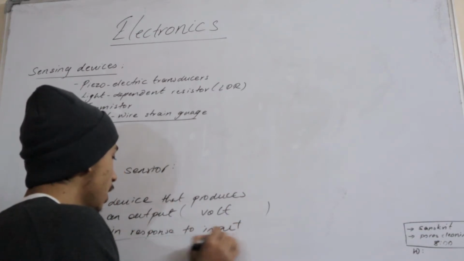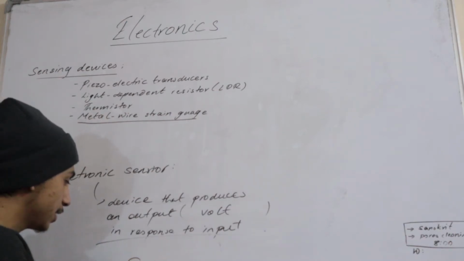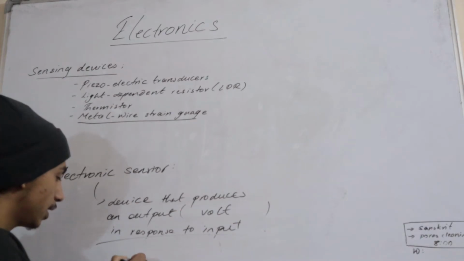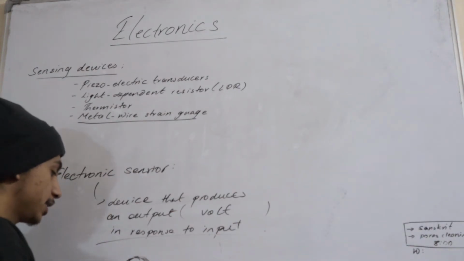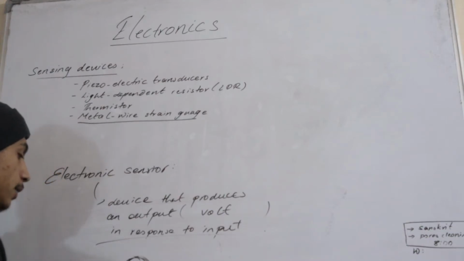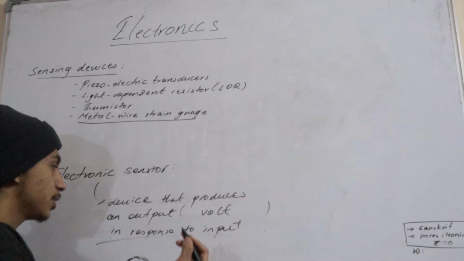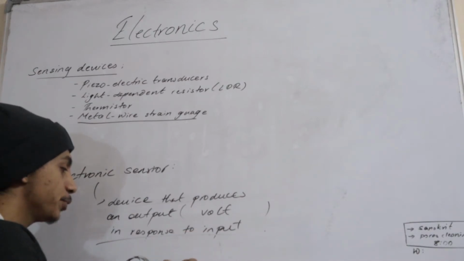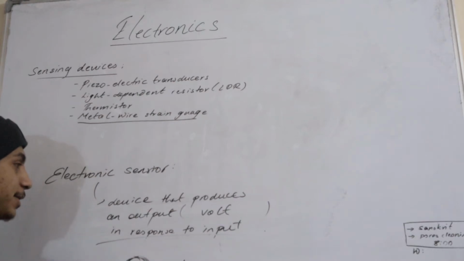So actually, how does this work? Let's say this is the sensing device, for example, this is an LDR. This LDR gives a response as an output when the input is supplied as a voltage.